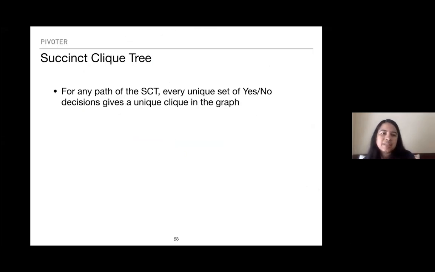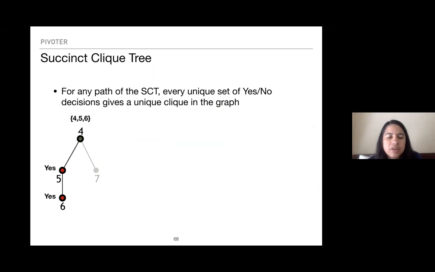So this SCT, the way to interpret it is that for any path of the SCT, every unique set of yes/no decisions that we can make on that path gives us a unique clique from the original graph. So for example, let's say I'm looking at the path 4, 5, and 6. Remember that with the green vertices, I don't have a choice. There's no decision to be made.